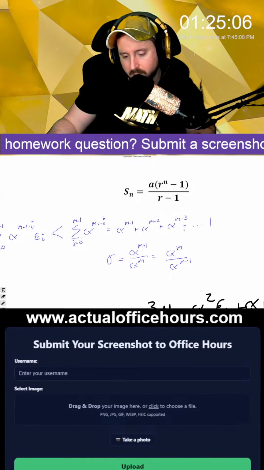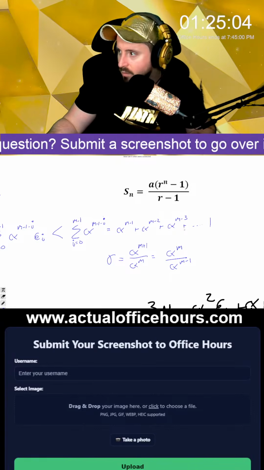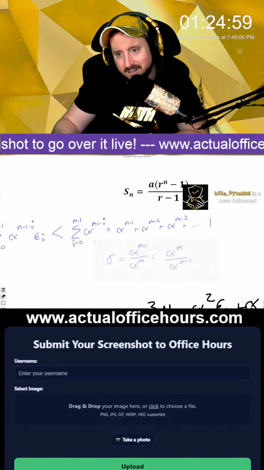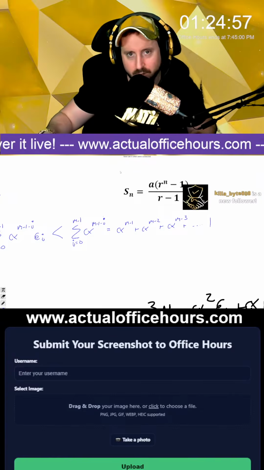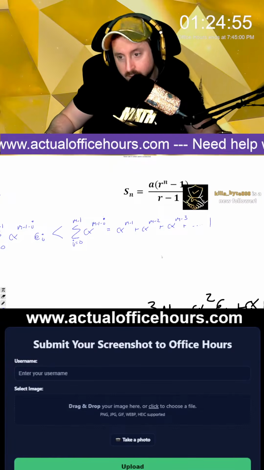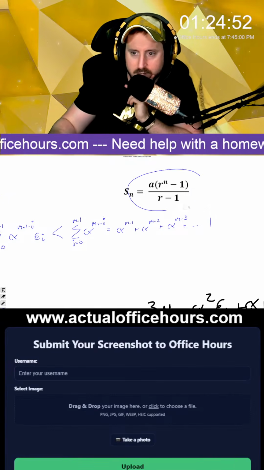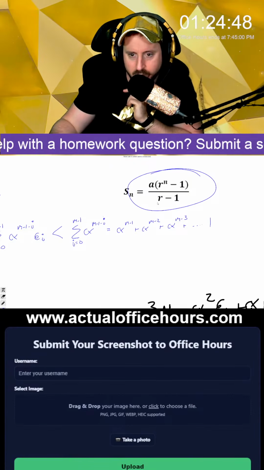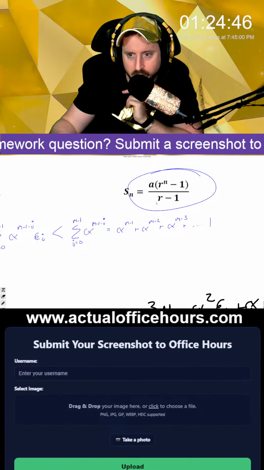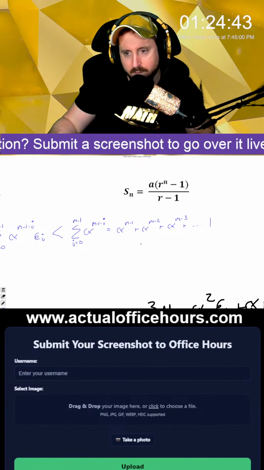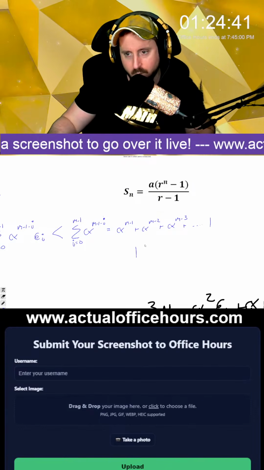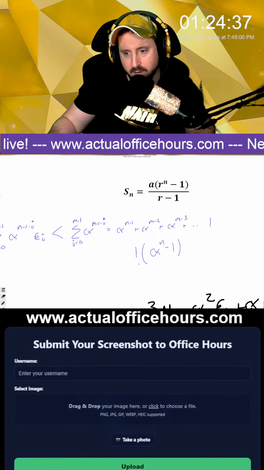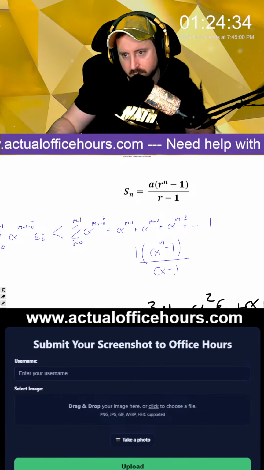Okay, I think I get that. That's the ratio, and if you plug the ratio into this formula, where r is the ratio and it is equal to alpha, and the first term is 1, then this is alpha to the n minus 1 over alpha minus 1.